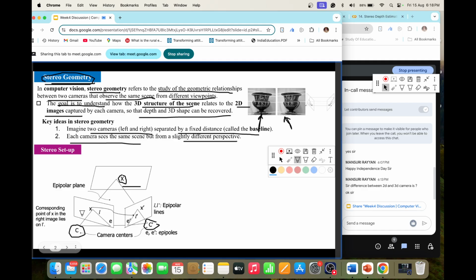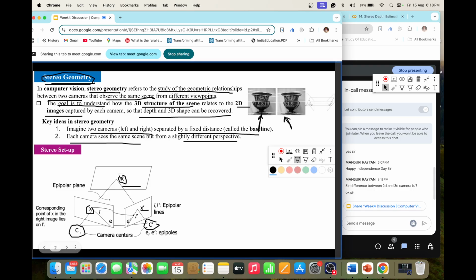The image of this capital X by the left camera C will be small x. The image point of this capital X by the right camera C dash will be small x dash. Two cameras, so there will be two image points: one is x by our left camera, one is x dash by the right camera.